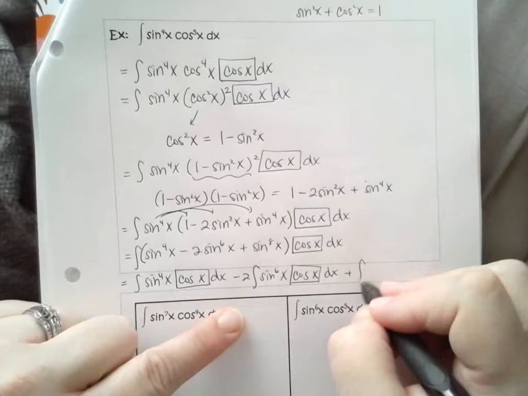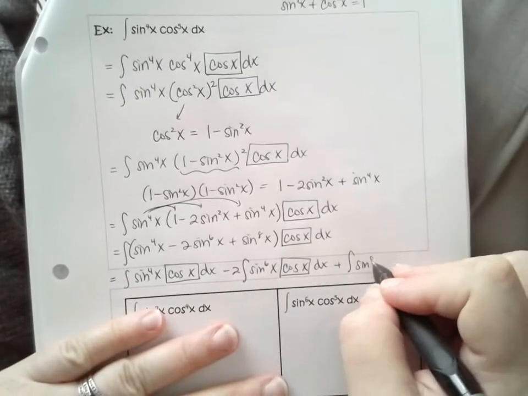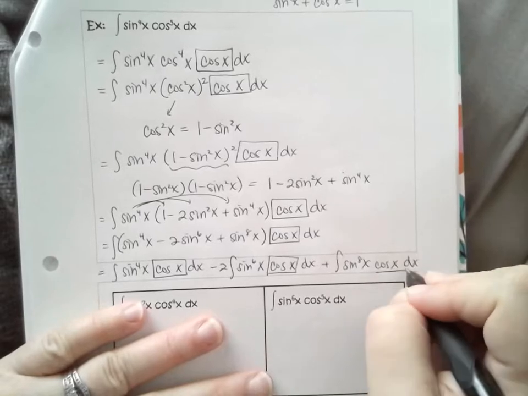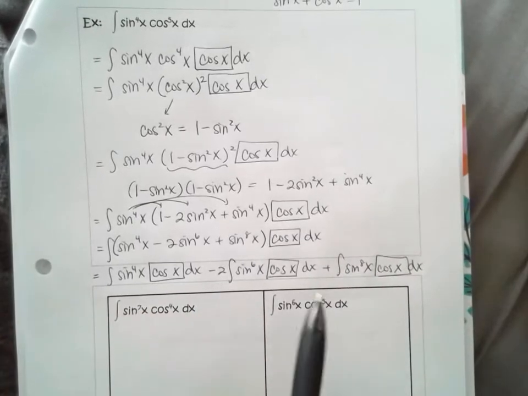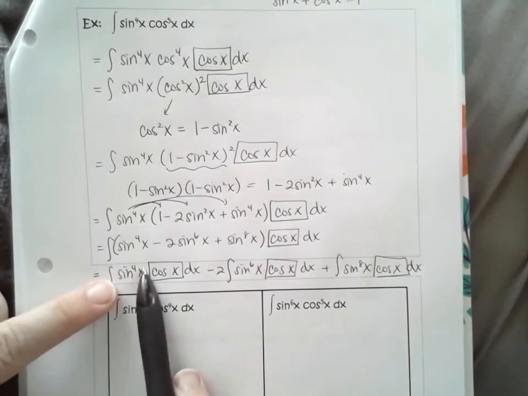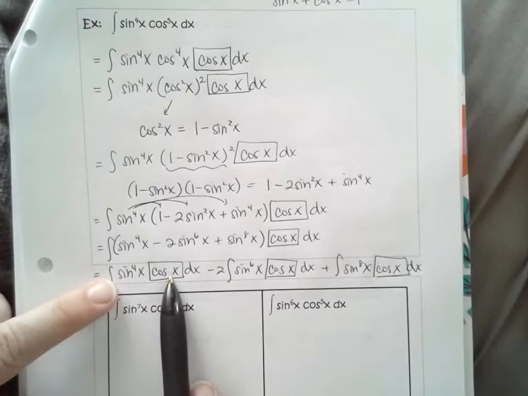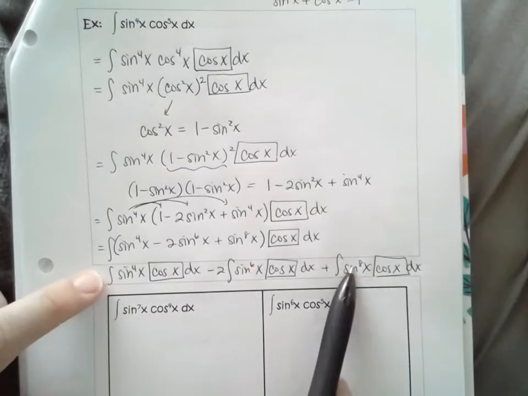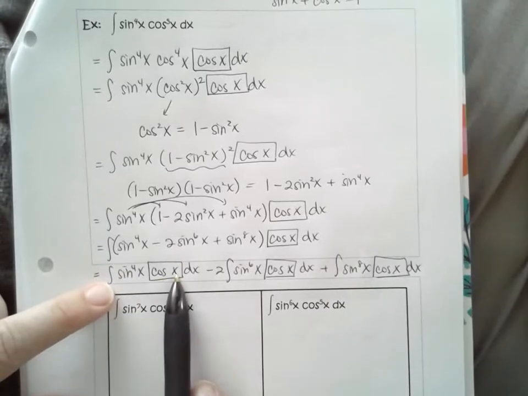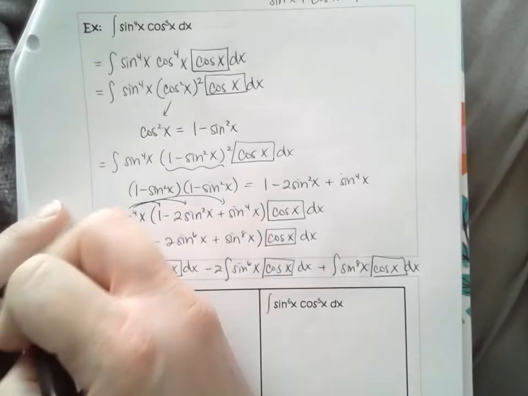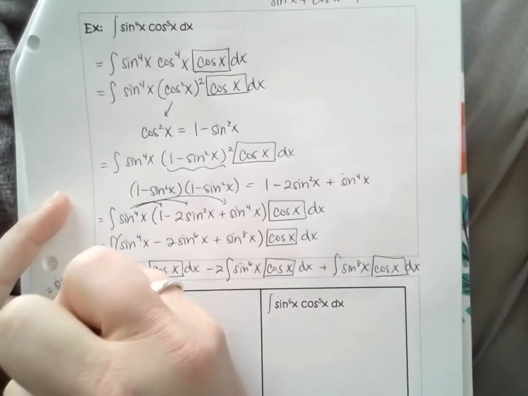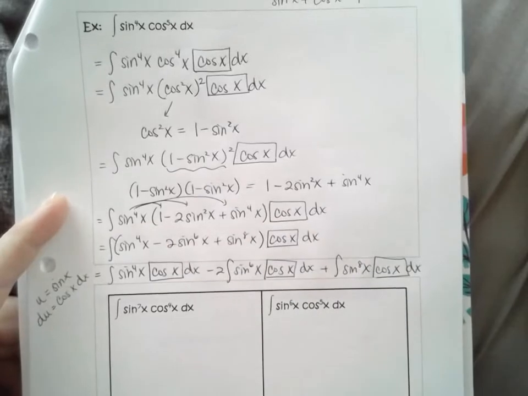And then the last one is the integral of sine to the 8th x cosine x dx. And I want you to imagine, now that we have a sine-powered function next to the cosine that we reserved, each one of these is a u sub, where u is sine and du is cosine x dx. All right, so all of them, sine is your u, and cosine x dx is your du.